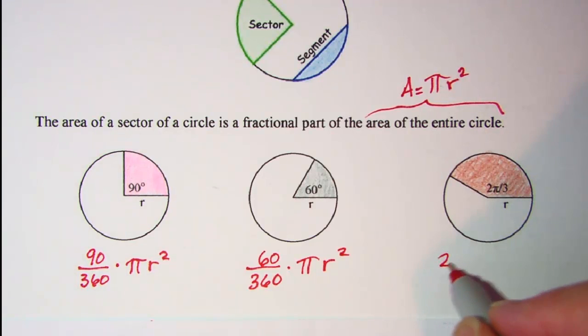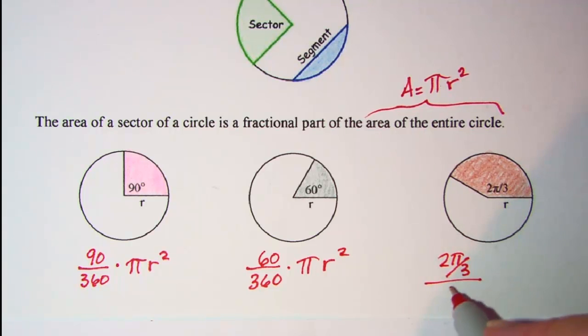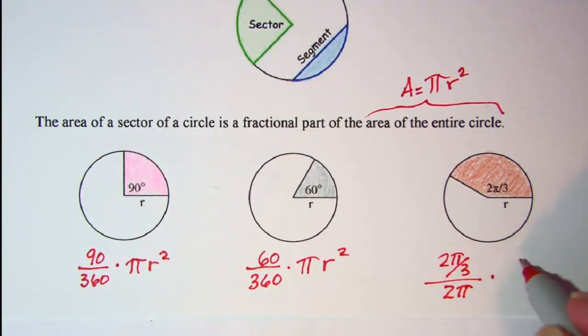We have 2 pi over 3 over the total number of radians in a complete circle, which is 2 pi. And then that fraction of pi r squared.